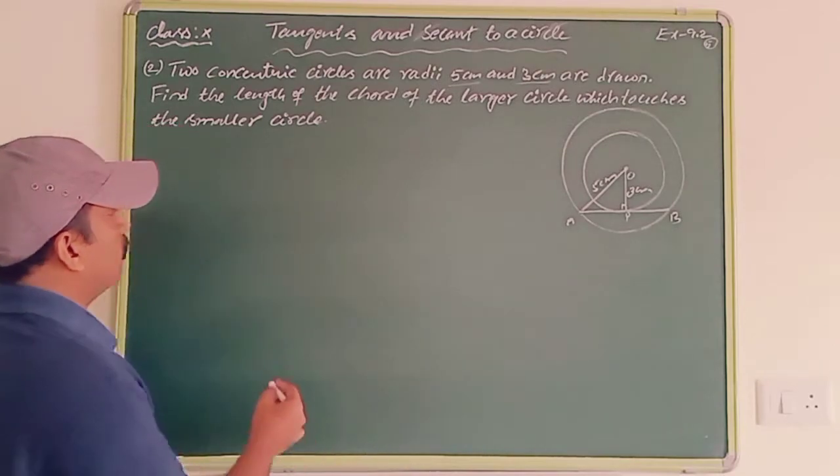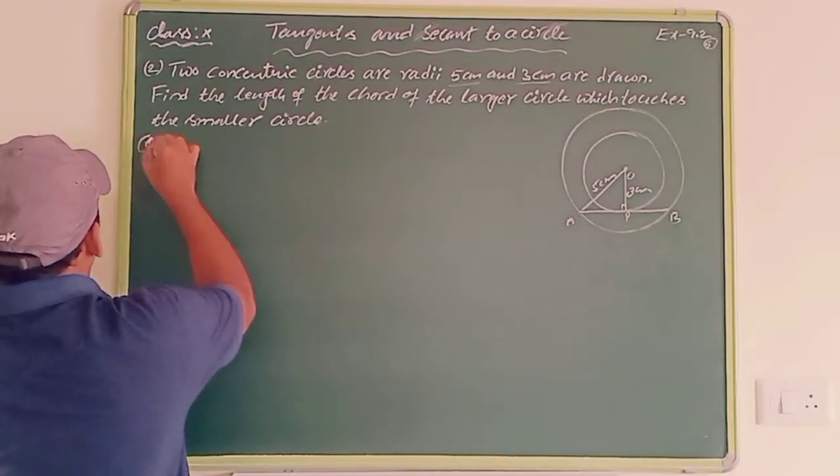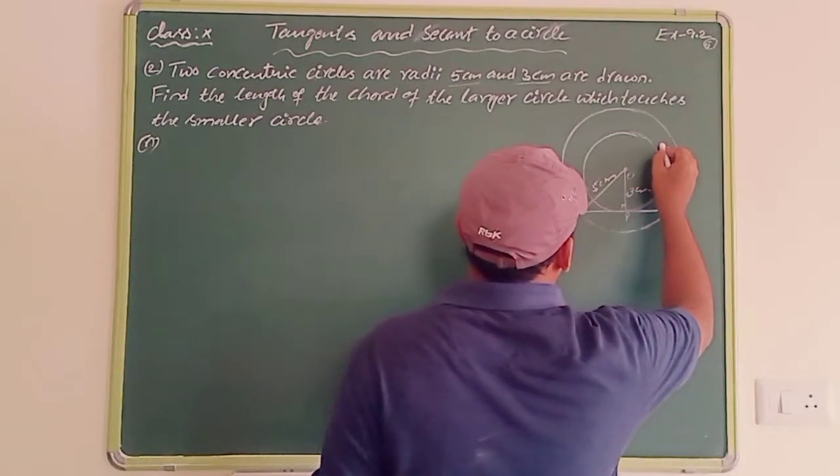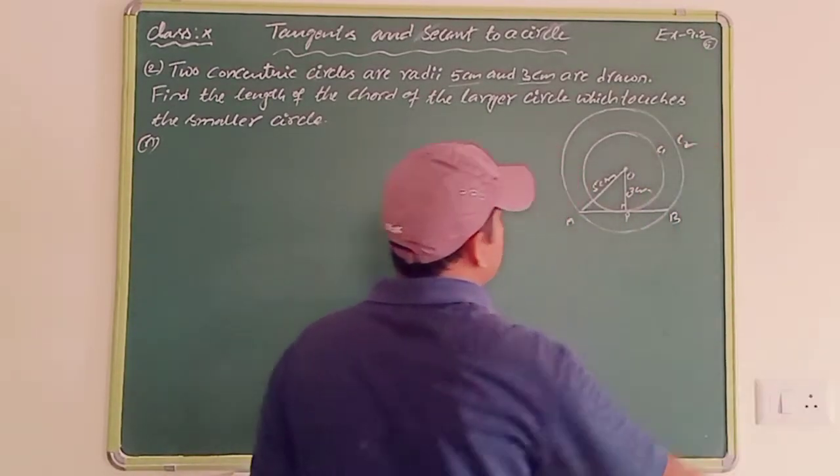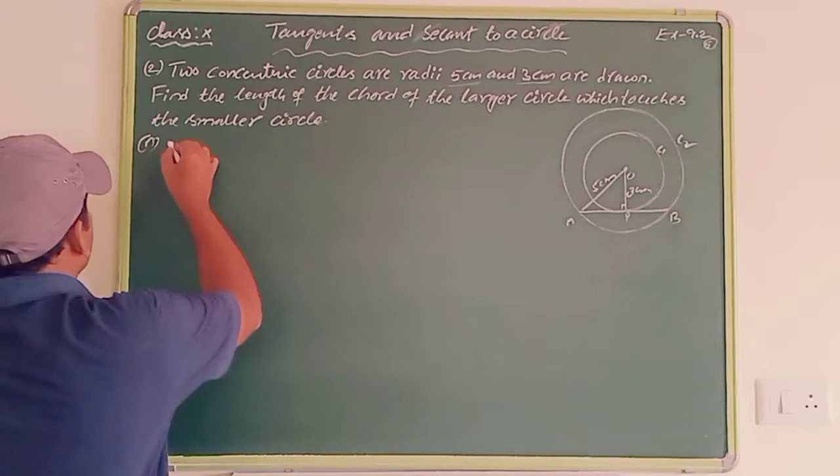What is given in the problem? In the answer, you can take the smaller circle as C1 and the larger circle as C2.